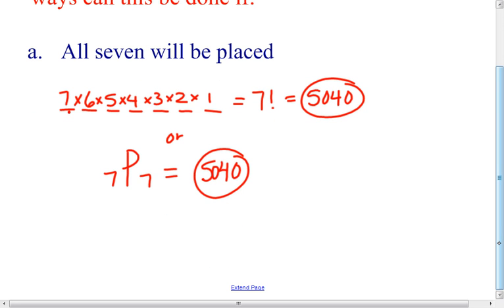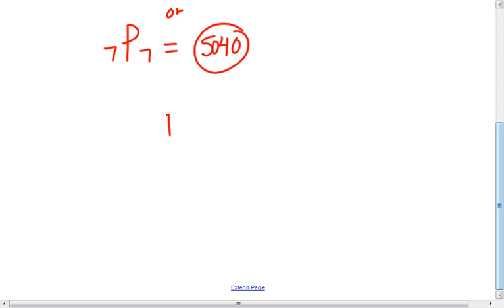Okay, or if you want to think about it in factorial notation way, and this is going to come up in accelerated math and in other places in your math career, so it's kind of important that you know this as well. But the other way you could do it is this. You're going to do a permutation of 7 objects, and you will choose 7.